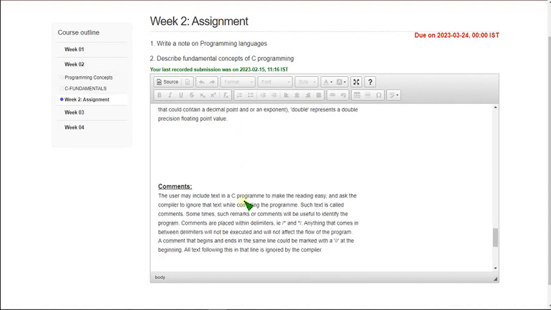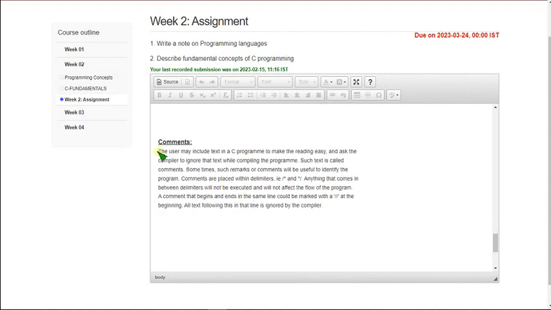Next, comments. If we want to write a paragraph for understanding purposes, we enclose it starting with forward slash star and ending with star and forward slash. In between these two symbols we write multi-line comments.